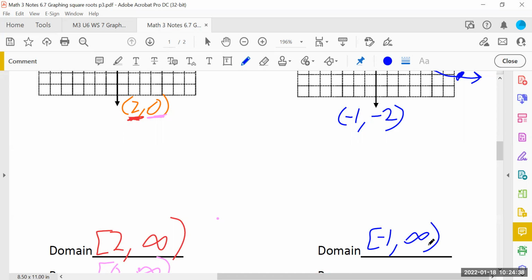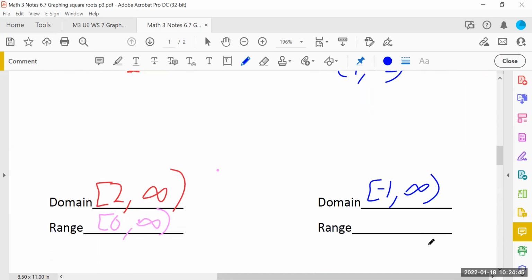But this one's not going up. It's -2 down to -infinity. Remember, we always go smallest to greatest. So you're actually going to write that as -infinity to -2. Does that make sense?